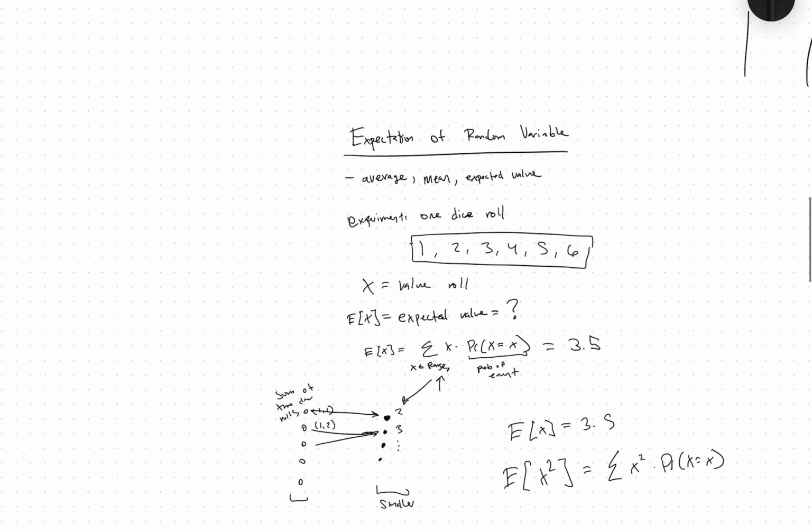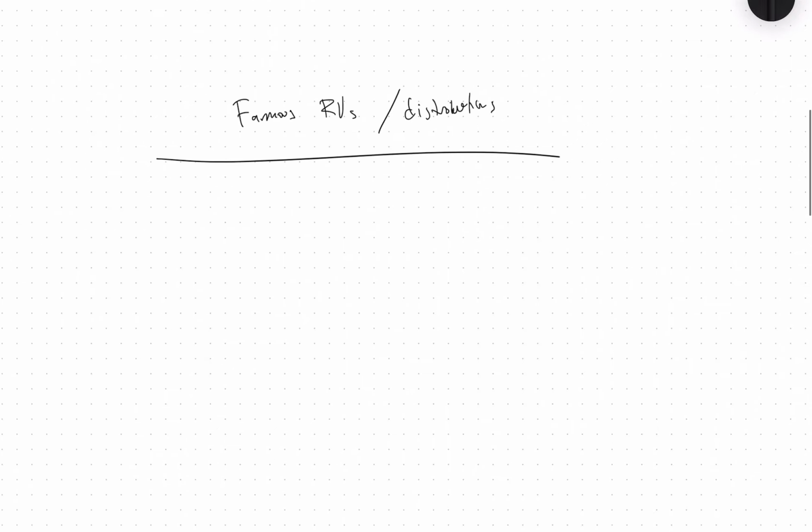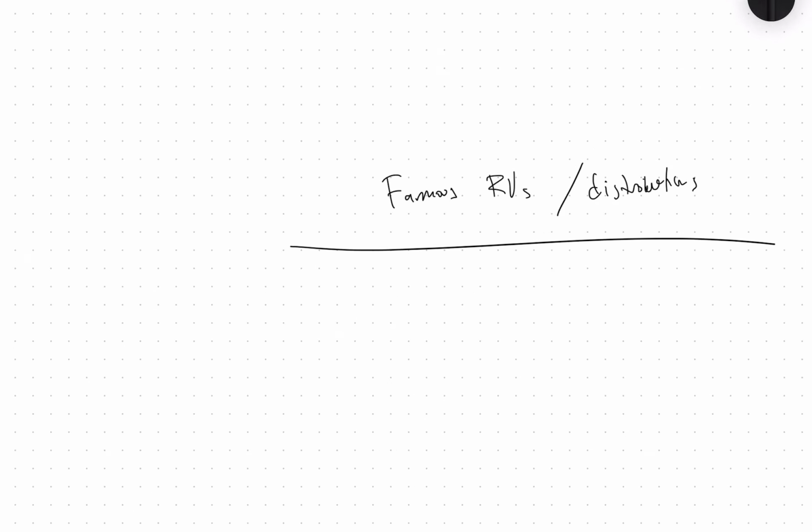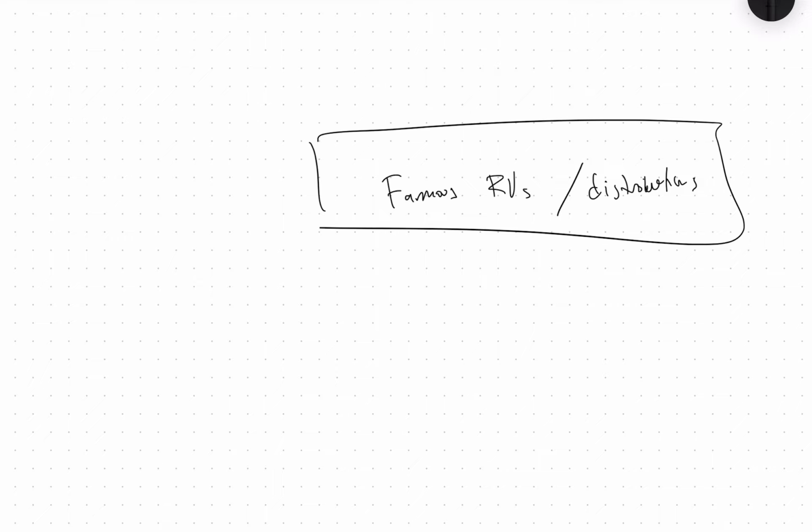So now we're in the land of famous random variables and distributions. Random variables are so common that some of them are super famous and have their own names. All of the examples that we've actually talked about so far have famous names. You just don't get to know that till the end of your probability course.